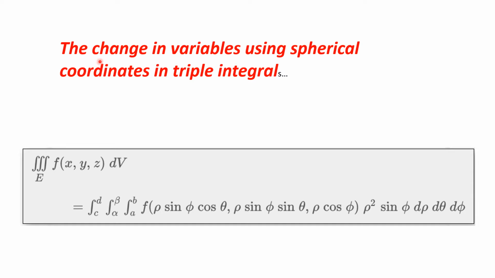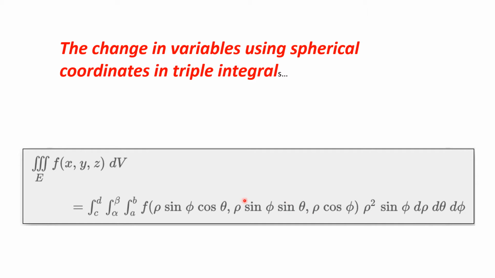Also remember, we did a change of variables using spherical coordinates in triple integrals. Recall that the triple integral over a box E of f of x, y, z dV ended up being this iterated integral, and this was f of rho sine phi cosine theta, rho sine phi sine theta, and rho cosine phi.